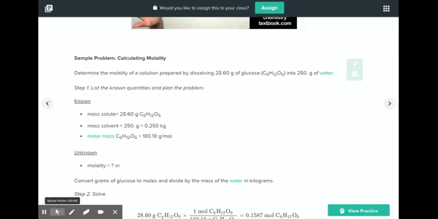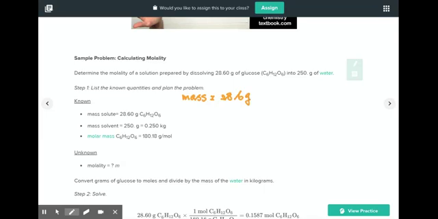Determine the molality of a solution prepared by dissolving 28.6 grams of glucose into 250 grams of water. So, we have to write our known given, right? Our mass of solute is 28.6 grams.